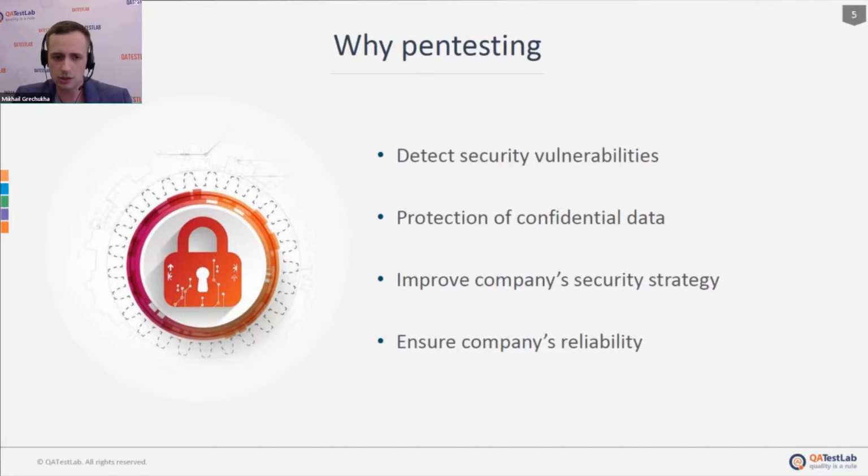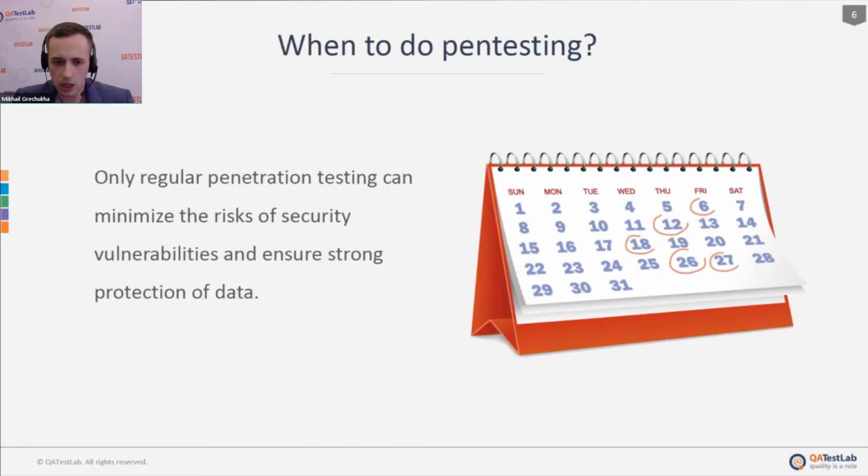Important question, and I think you have it: when to apply pen testing? Our answer is before the release. Why? Because sometimes before the release, a team forgets to close or block core infrastructure components, or, for example, they are using outdated software.